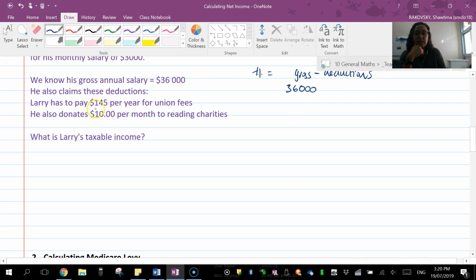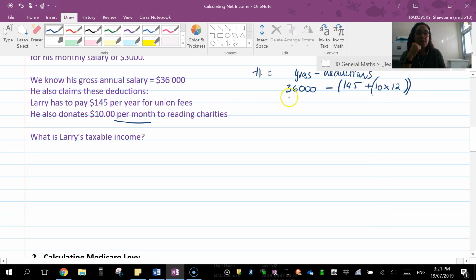So the deductions are $145 per year, plus 10, and it's $10 per month. If you wrote plus 10, you're on your way, but you're not fully there. Remember, it's per month, and we're looking for the whole year. So this would need to be multiplied by 12. Now, if you're wondering why I haven't put brackets around that, it's because of order of operations, but if you want to, there you go.